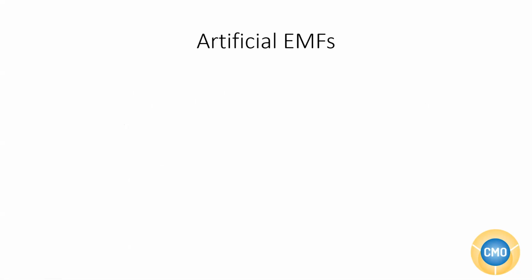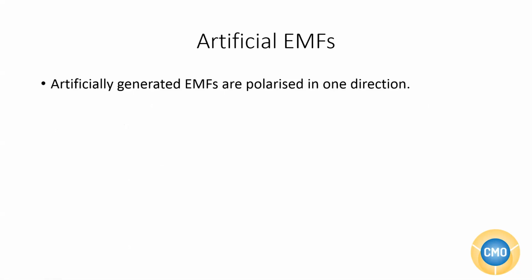So looking at artificial EMFs in a little bit more detail. Artificially generated EMFs are polarized in one direction, and I'll show you a little diagram of that later on, but it means everything's coming in a uniform way that our body hasn't evolved to recognize, and it has a problem with it when it comes in that way.